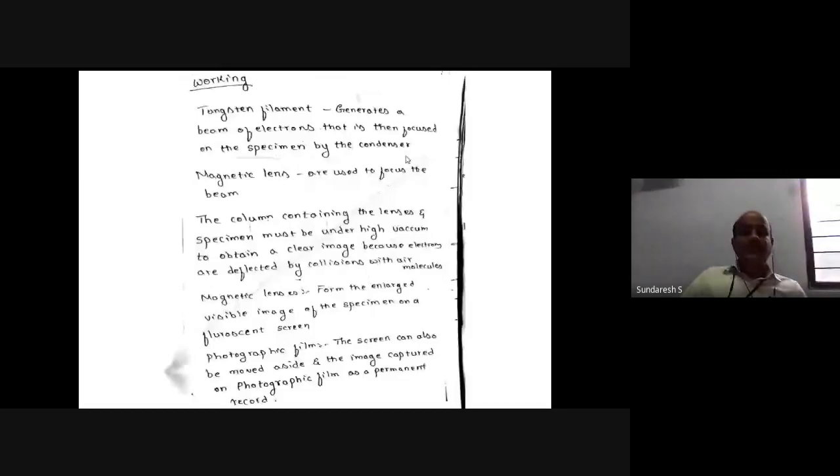Now coming to the advantages. This type of transmission electron microscope offers the most powerful magnification, potentially over 1 million times or more. It will also provide information on element and compound structure.